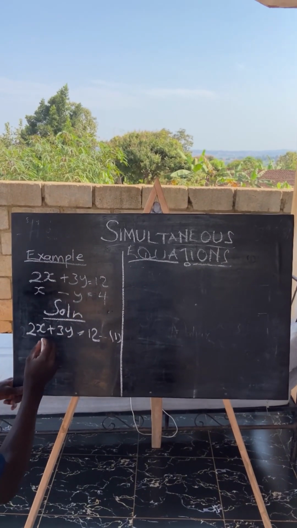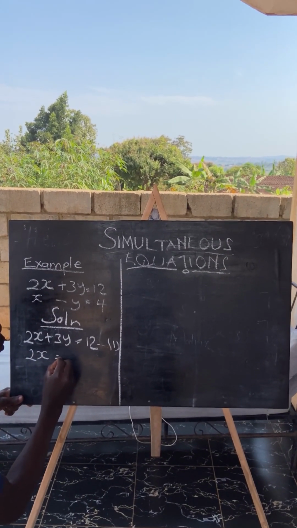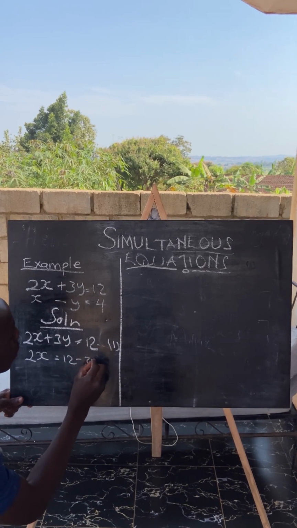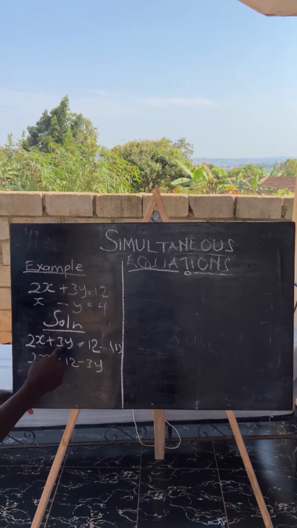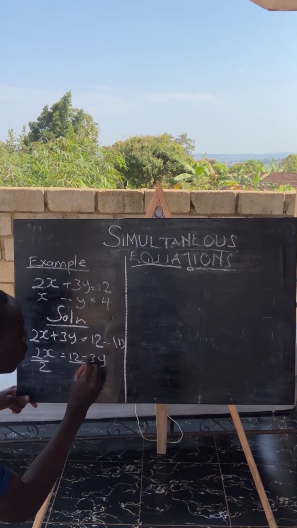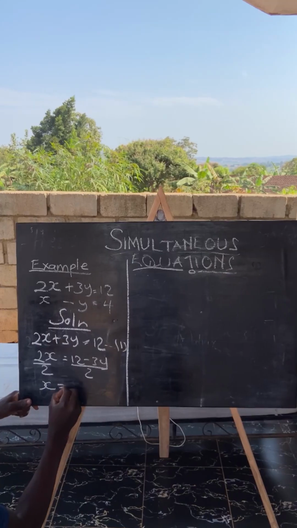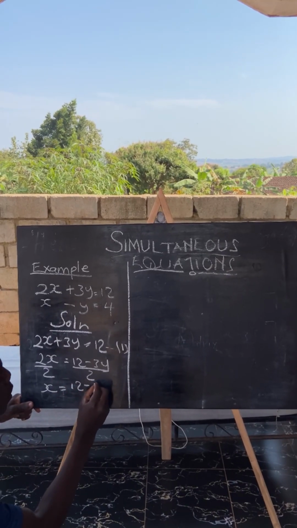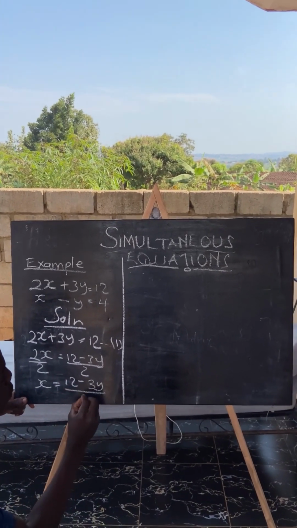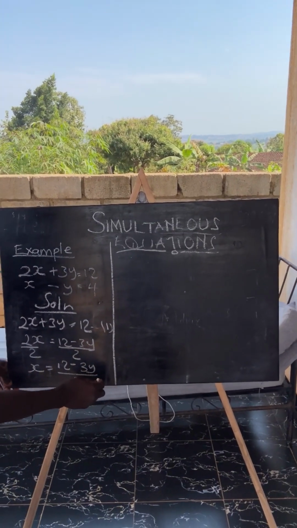So we are going to say 2x equaling to 12 minus 3y. We've taken 3y this side, so we divide by 2 in order to obtain x alone. We'll get x equaling to 12 minus 3y out of 2. So let's substitute.